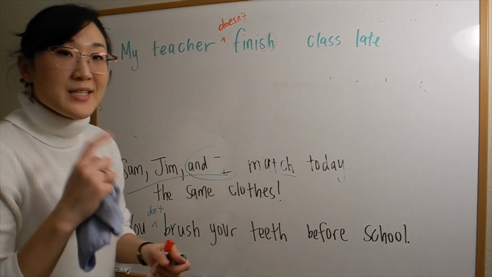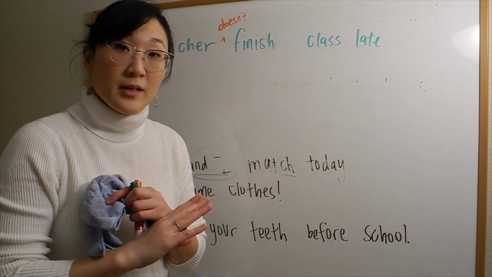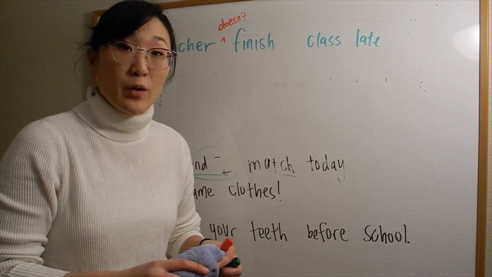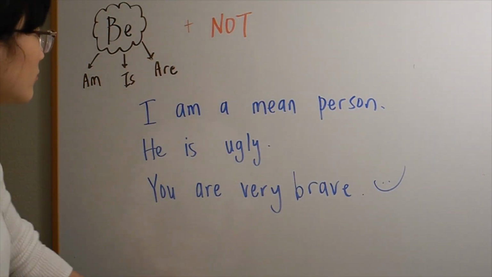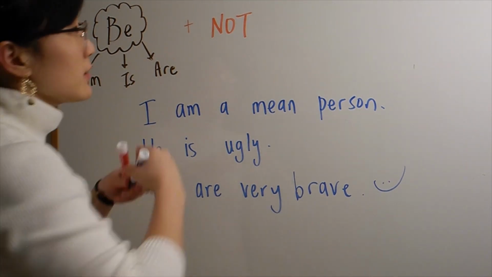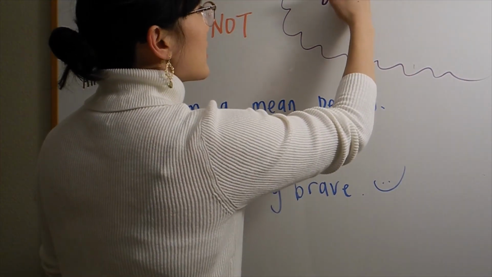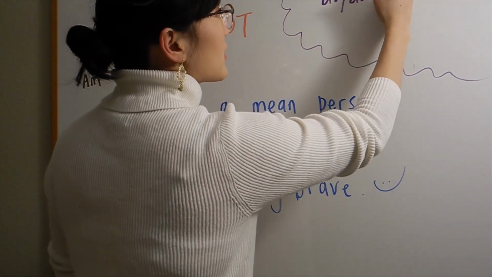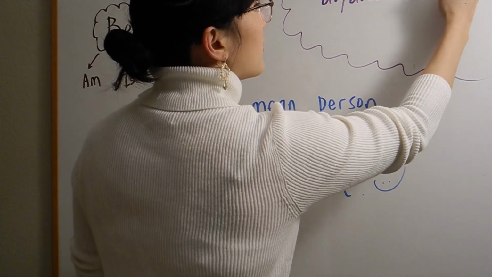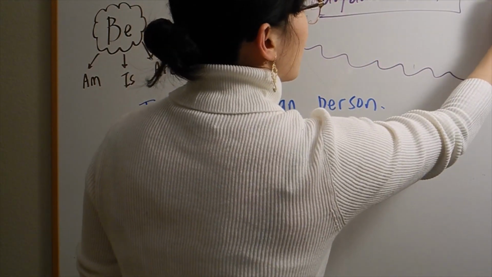Okay, now let's take a look at the be verb and look at some examples with the negative. Then after, we're going to look at pronouns, okay? Now remember, right? For the other action verbs, do or does not, this goes before the verb, right?